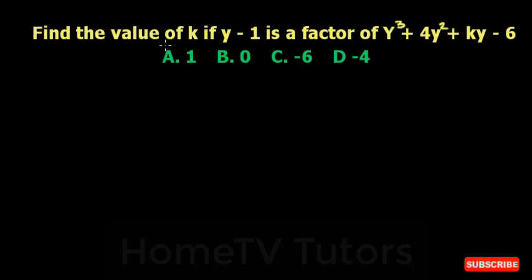Find the value of k if y minus 1 is a factor of y raised to power 3 plus 4y raised to power 2 plus ky minus 6.